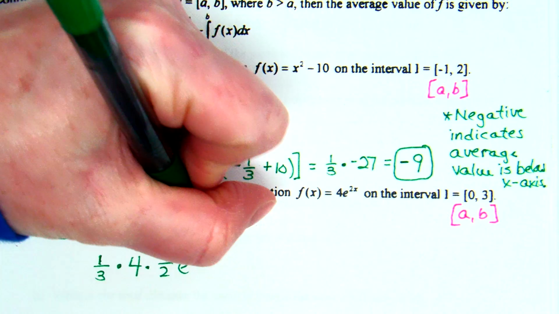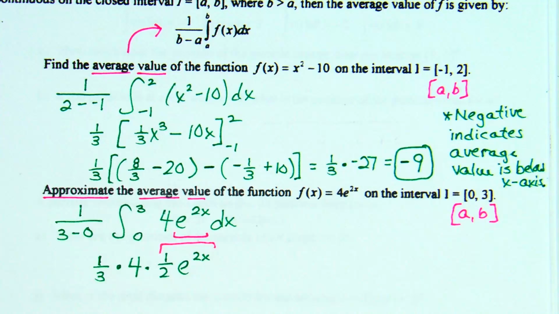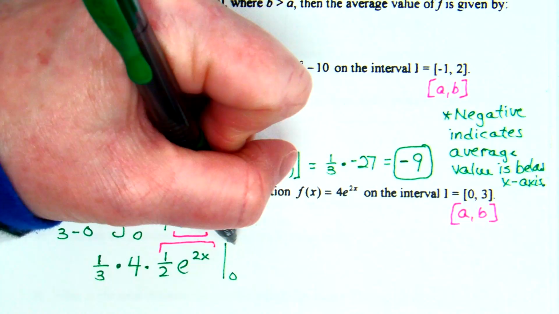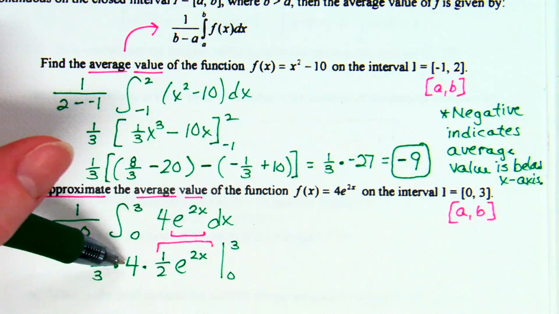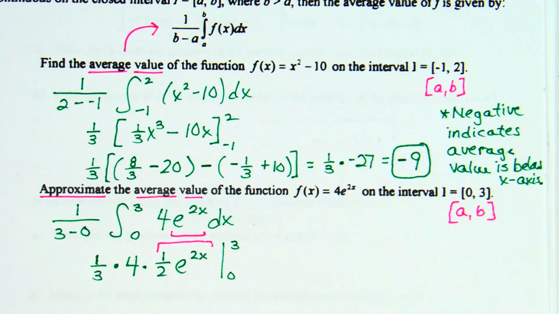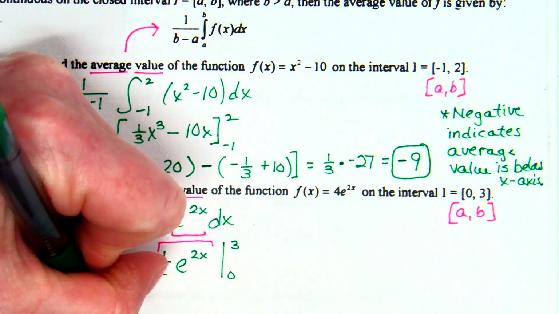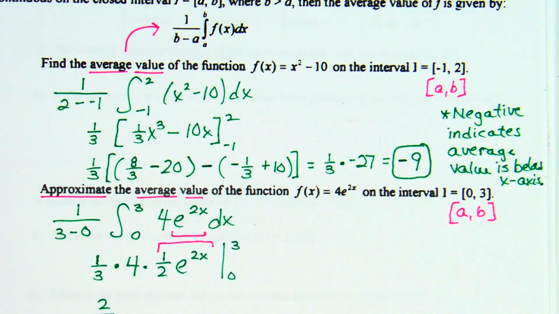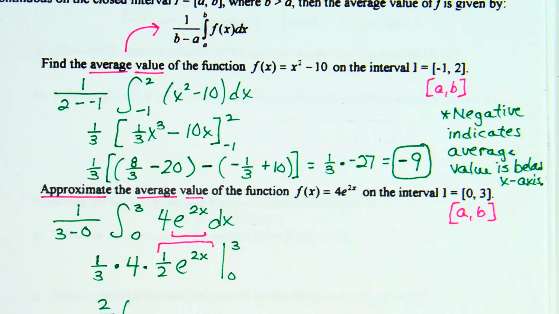And so that right there is my integral piece, evaluated from 0 to 3. If I do 1/3 times 4 times 1/2, multiplying those all together, I get 4/6, which reduces to 2/3. And then we're only worrying about e to the 2x at that point.